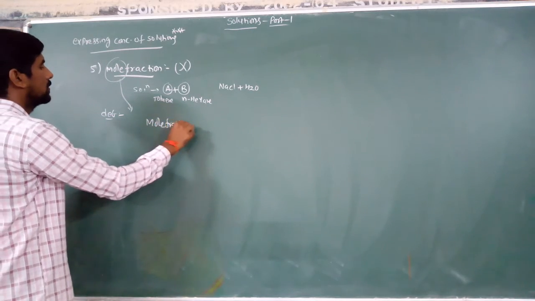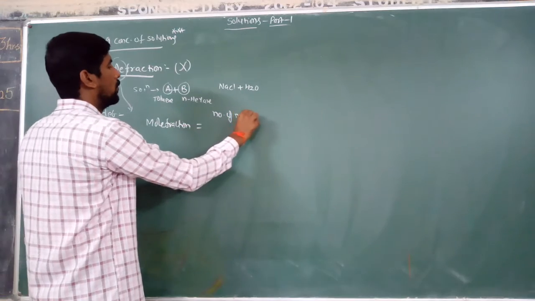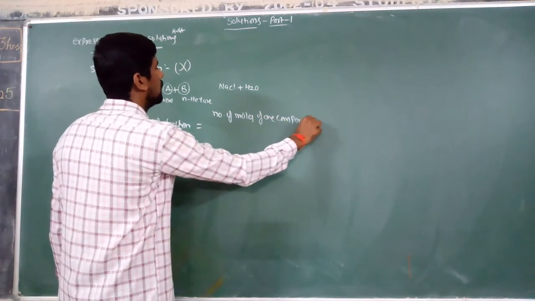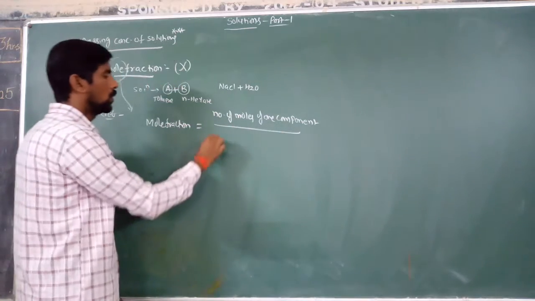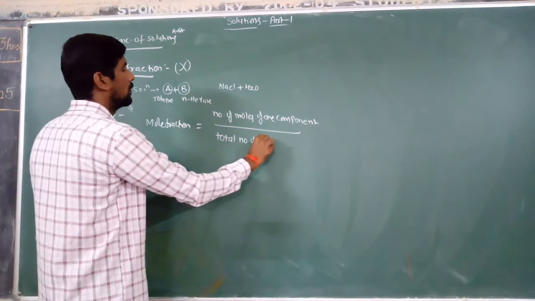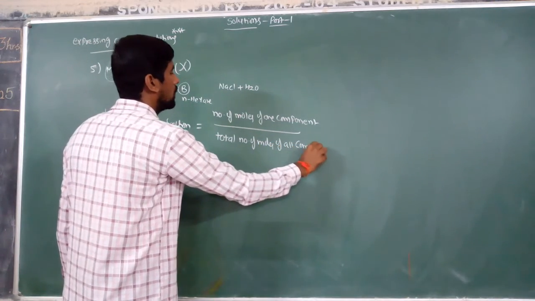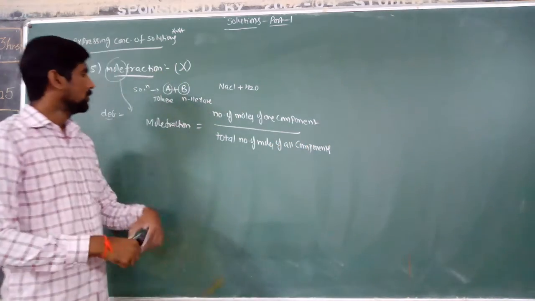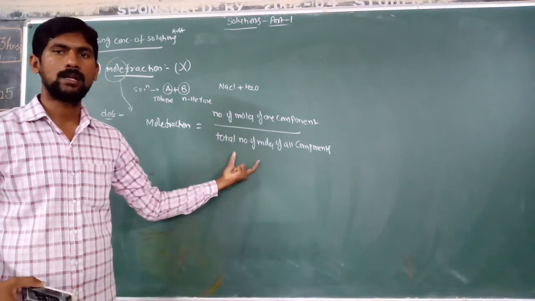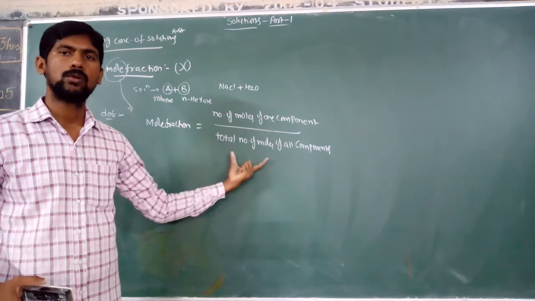What is mole fraction? Ratio of number of moles of one component to total number of moles of all components. So mole fraction takes moles in the numerator and denominator.